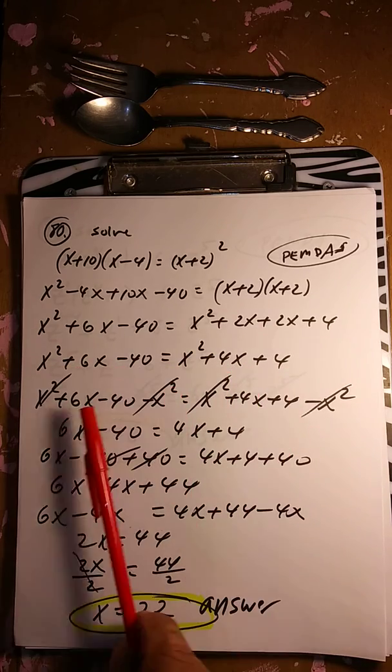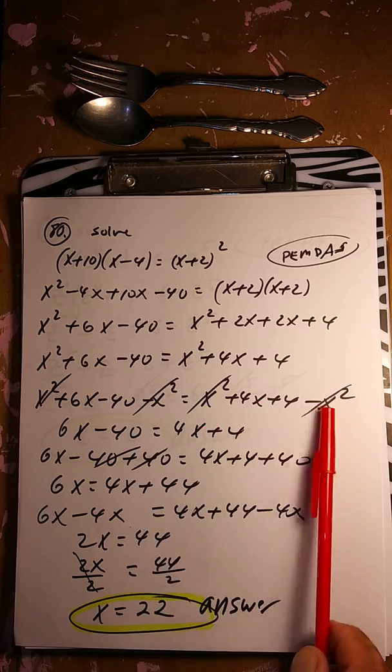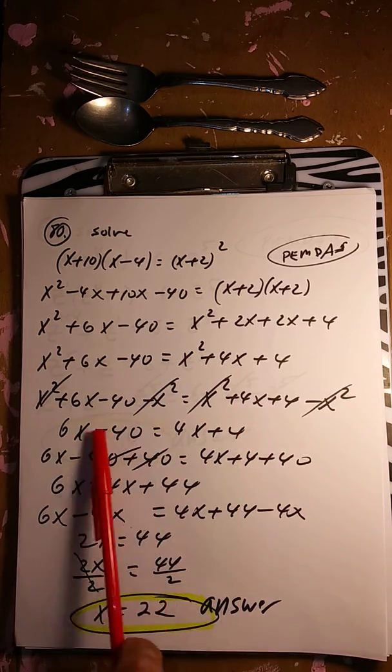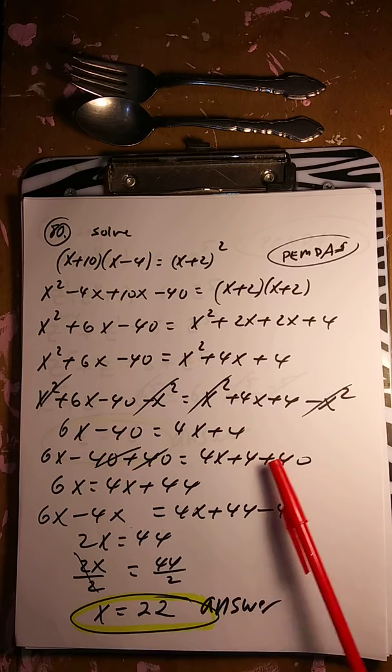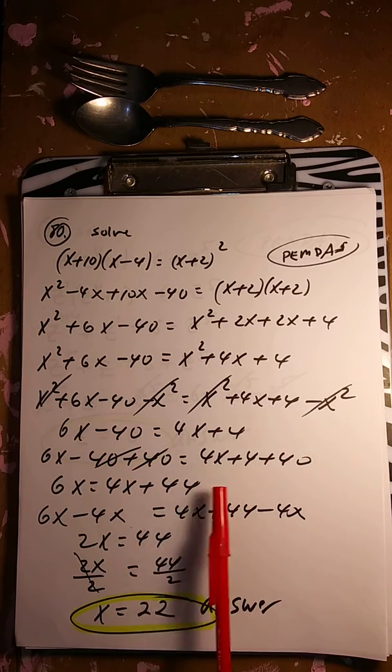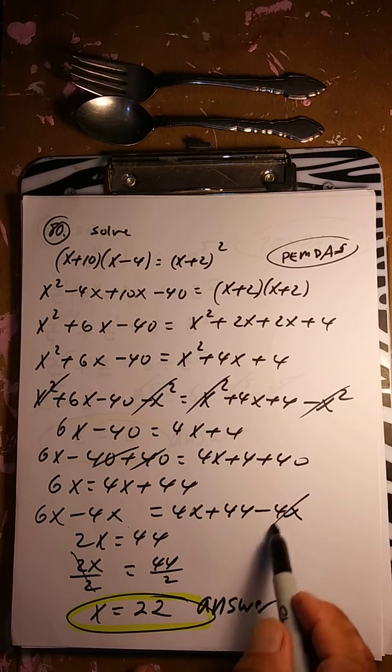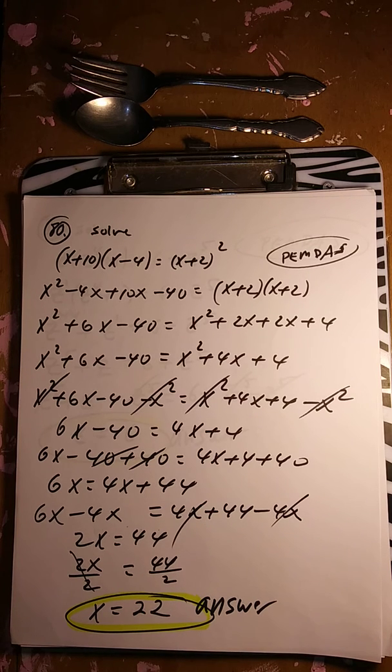We have this. Now, x squared minus x squared, these are gone. So now we have a linear equation left over. Add 40 to both sides. So now we have 6x equals 4x plus 44. Minus 4x, and we know that these are going to be gone. So what's left over is 2x is 44, divided by 2, so x must be what? 22.